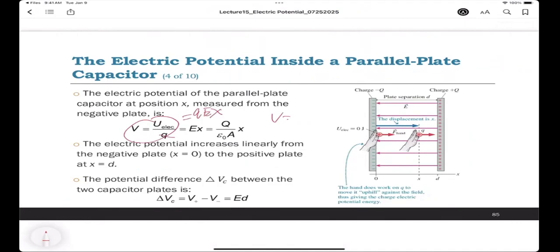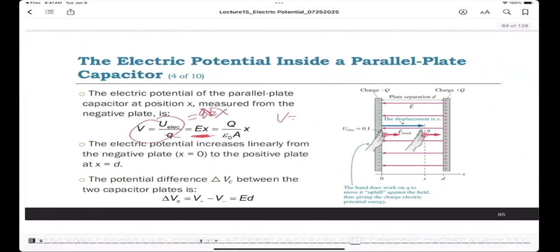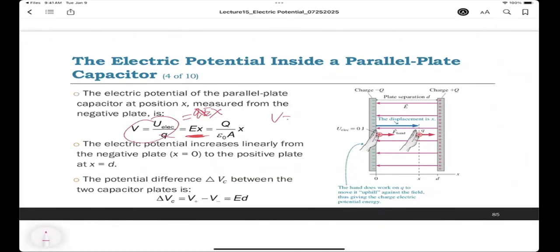So Q we just remove, and it equals EX. And this E is the electric field in the capacitor, and we have already talked about the electric field in the capacitor. It equals this one. You can review the class. And then this is X.